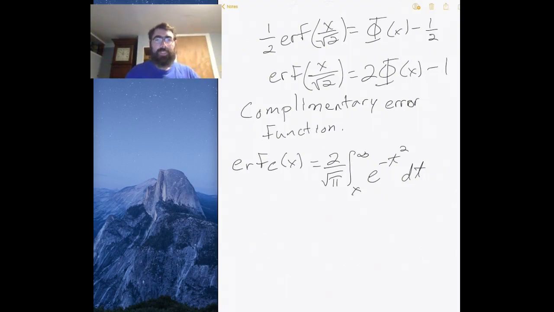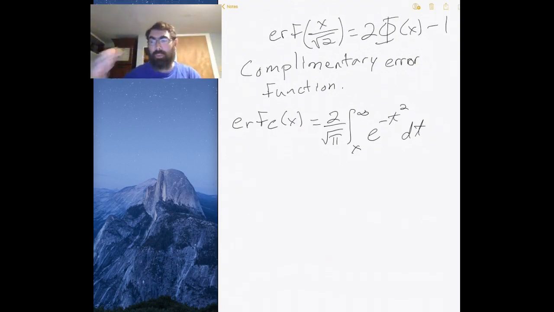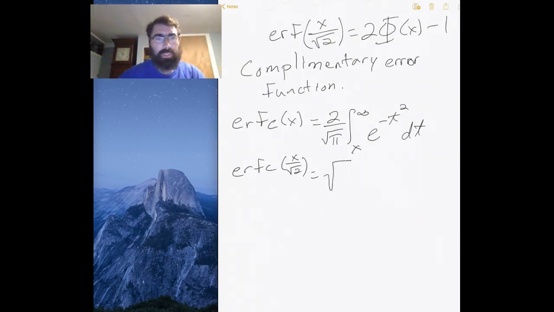Oh yeah. So if I want to make this look like what we were talking about before, then the complementary error function of an argument of x over the square root of 2, I would get square root of 2 over pi, the integral x to infinity, e to the minus t squared over 2 dt.